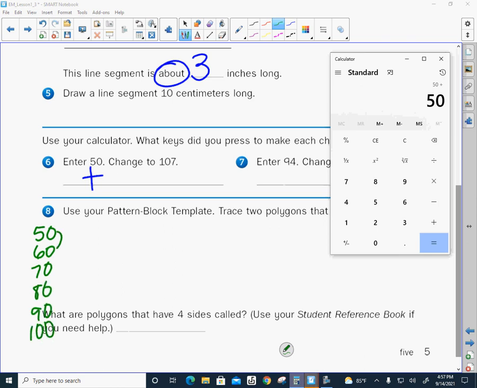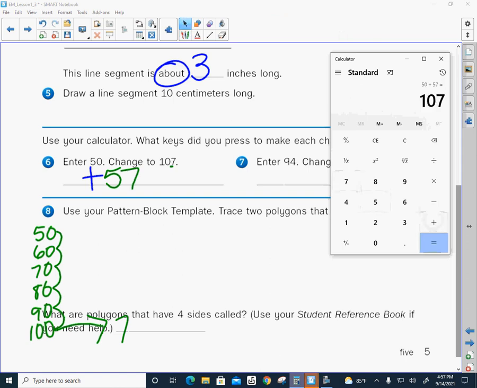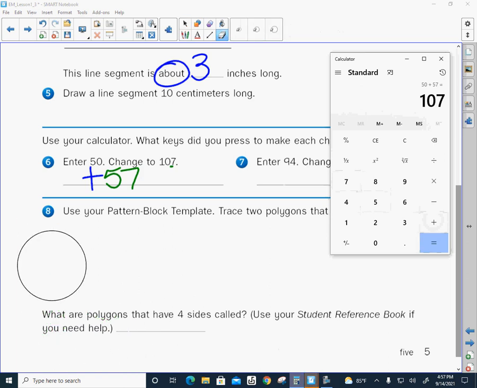So I went 10, 20, 30, 40, 50. And now I need to move over to 107. So 7 more spaces this way. So if I add 57 to my calculator, that will give me 107. So you could just use your number grid to help you with this.